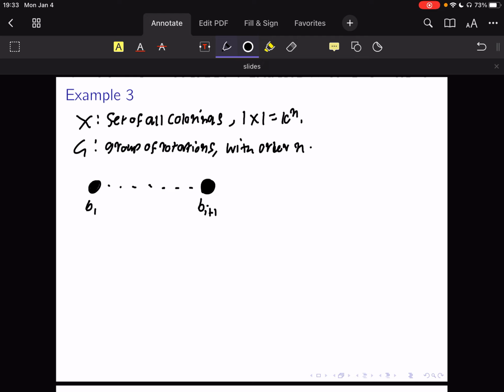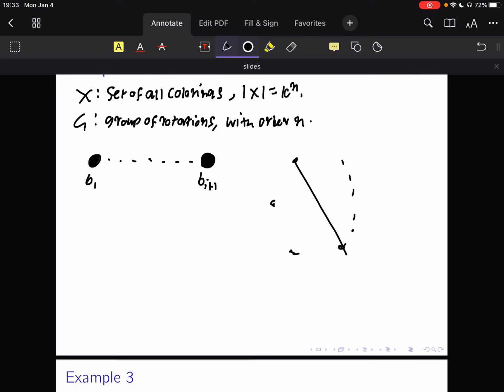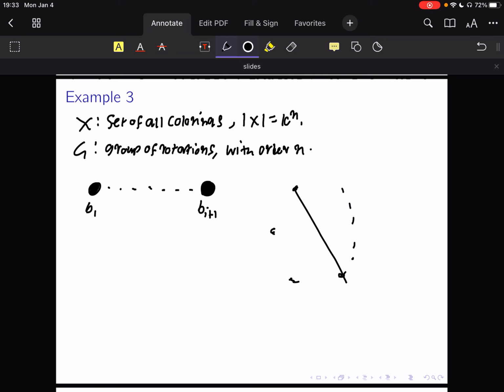So we can generalize this and construct it as a regular polygon with n vertices. Connecting every ith vertex will yield an orbit of length n over GCD of i and n.